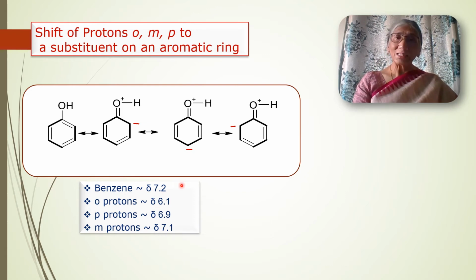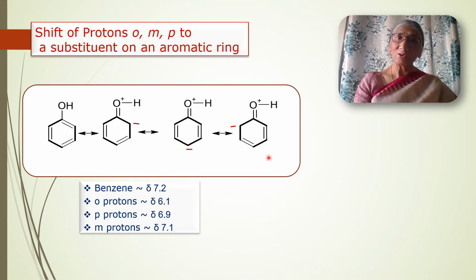So why are three different frequencies recorded for ortho, meta and para protons in the case of phenol? The answer lies in the resonating structures of phenol. We know that by plus M effect, the lone pair of electrons present on oxygen gets delocalized with the 6 pi electrons of benzene, and because of this delocalization we can write these three canonical structures for phenol.